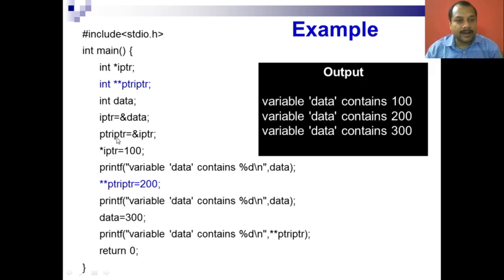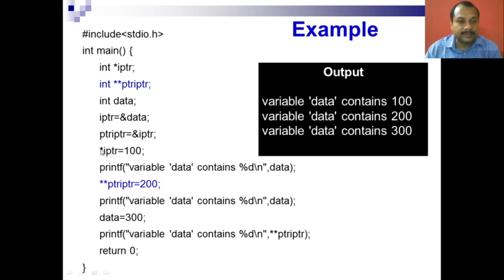Now this pointer ptriptr is ampersand iptr, so it is storing the address of a pointer variable. So the content of ptriptr is a memory location which is storing the address of a memory location which is the integer variable. Okay, so two indirections.